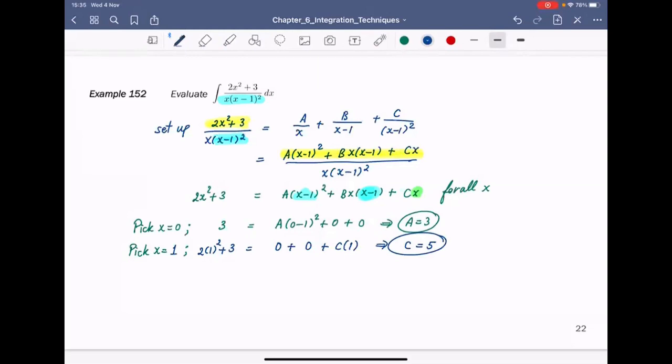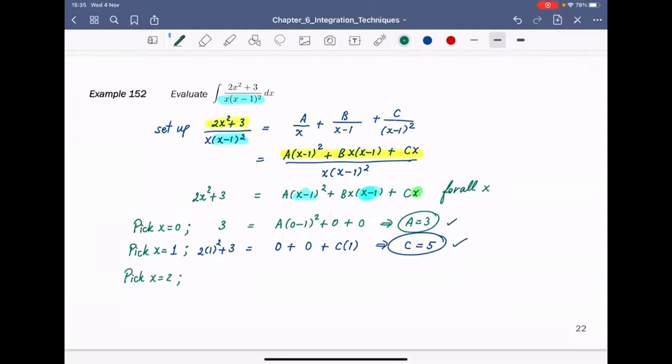You can pick any number x, but if you pick any number, a and c will not cancel out. However, you already know the value of a and c. So let me do this. Let's say x equal to 2. Actually, you can pick any number.